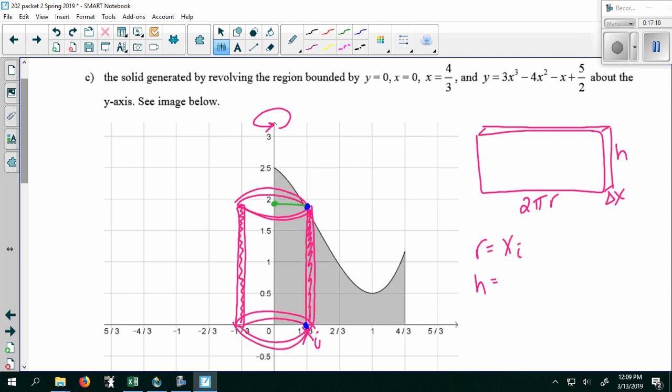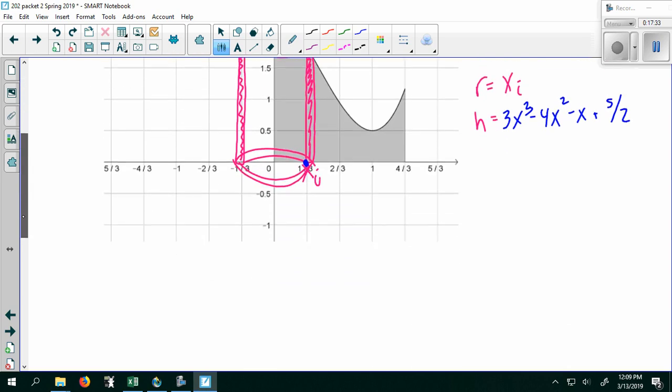This point is on my curve, the cubic function, and this point is just 0. So my height is just the y value, 3x cubed minus 4x squared minus x plus 5 halves. So I have all the pieces I need to write a formula for the volume of this slice.